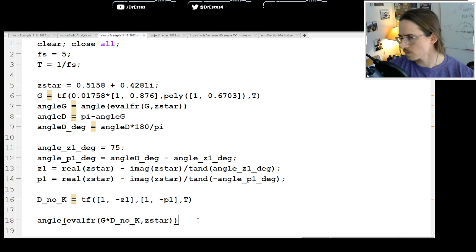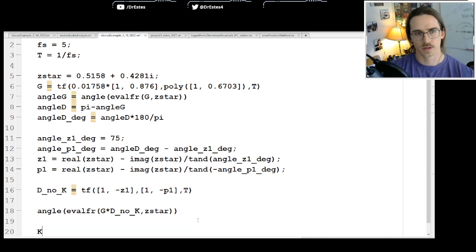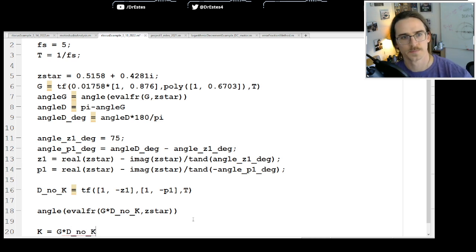So the gain, which I'll call K, I have to take G times D without the K. Once again, we have to evaluate it at Z star. And then we have to take the absolute value of that, which is the magnitude.